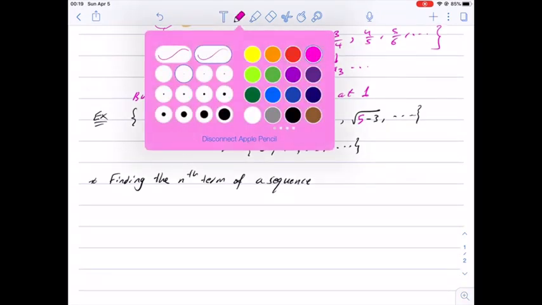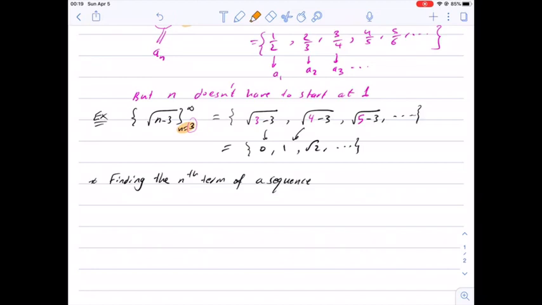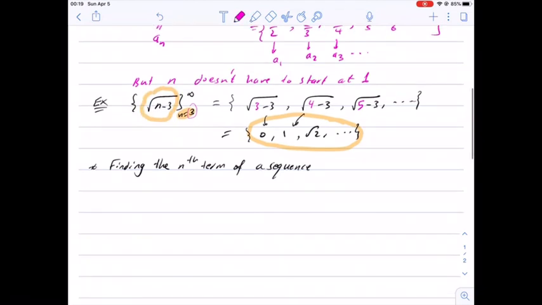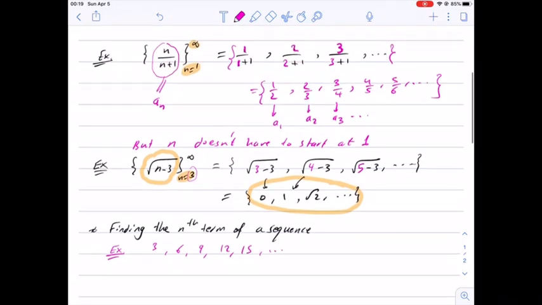If I give you some numbers, like these terms, and I ask you to find a formula for the nth term, for example, I may give you the sequence 3, 6, 9, 12, 15, etc.